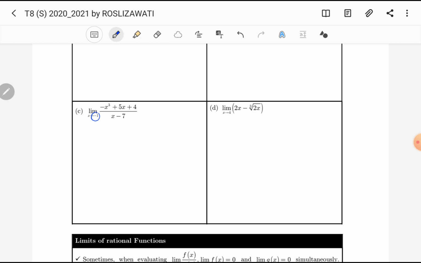Okay, next. Limit x approaches -1. Okay, so we substitute inside. So we will get equal to negative, we replace x with -1. -1 cube plus 5 times -1 plus 4 over -1 minus 7.